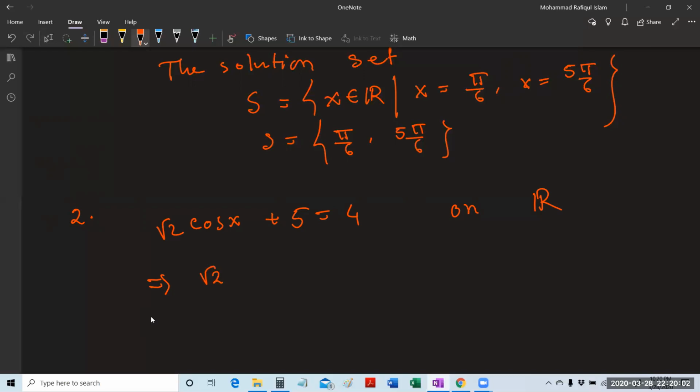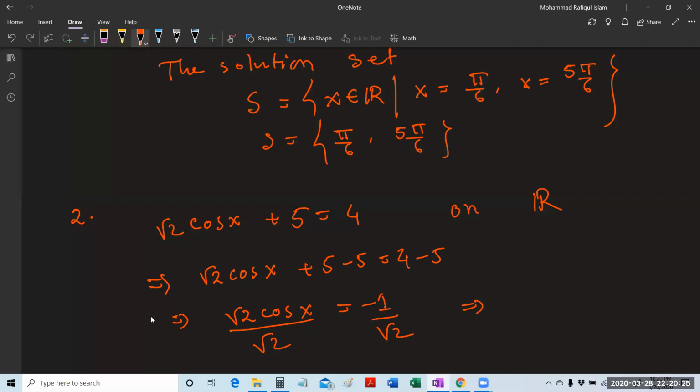Then we get root 2 cosine x plus 5 minus 5 equals 4 minus 5. From here, we obtain root 2 cosine x equals negative 1. And then we can divide both sides by square root 2, and we get cosine x equals negative 1 over root 2.